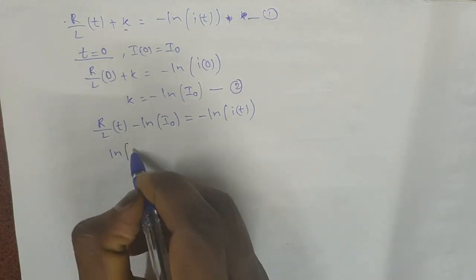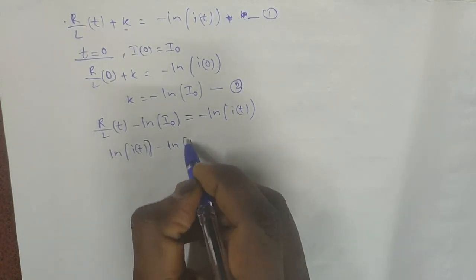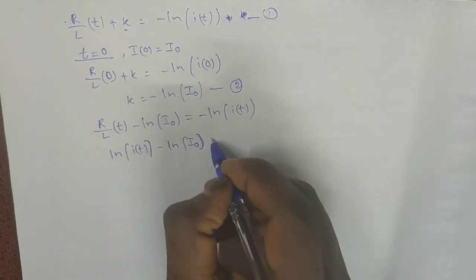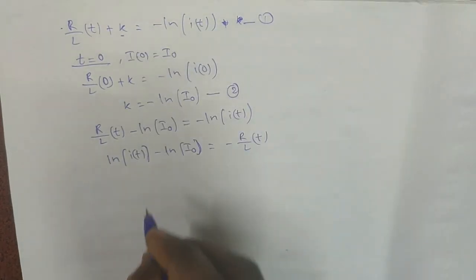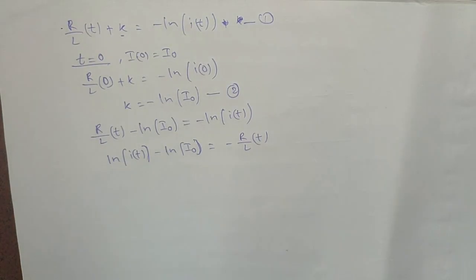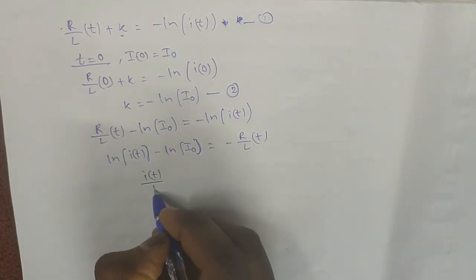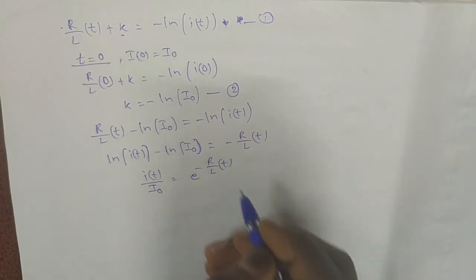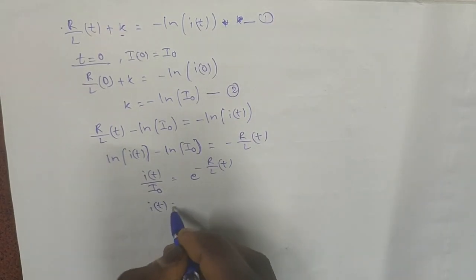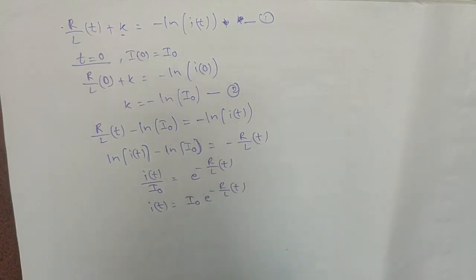So positive ln of i of t minus ln of I naught is equal to minus R by L of t. From logarithm we can write this as i of t by I naught is equal to e power minus R by L of t. So i of t is equal to I naught e power minus R by L of t.